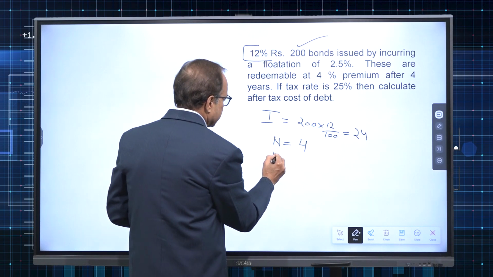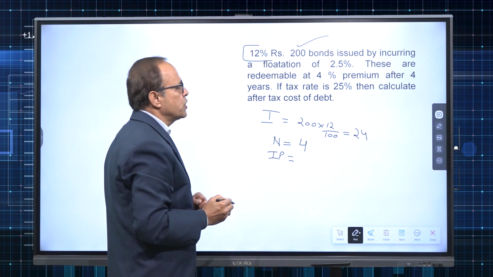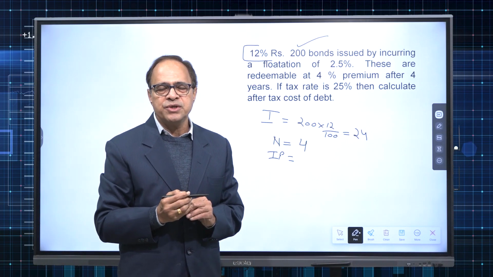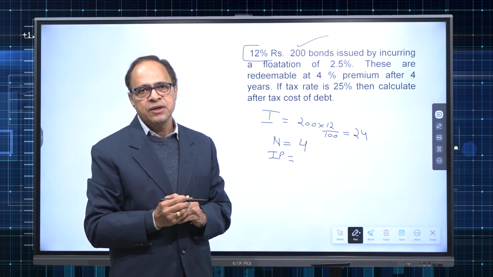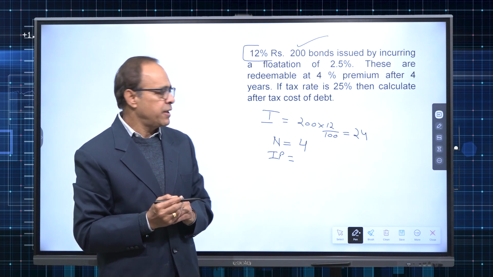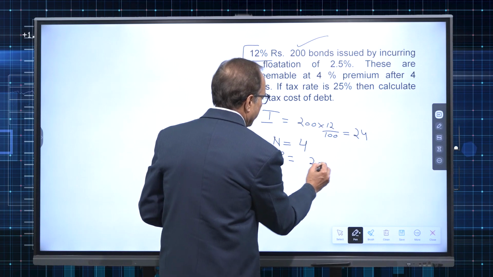What is the issue price? Issued by incurring a flotation cost of 2.5%. If you remember, whenever question is silent about the issue price, we assume that bonds or debentures are being issued at par. So it will be issued at par, that is 200.